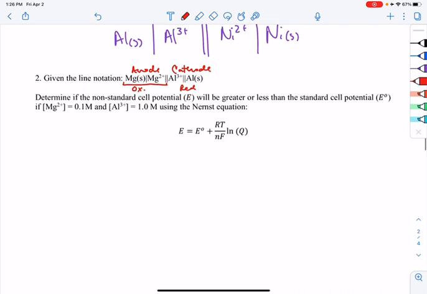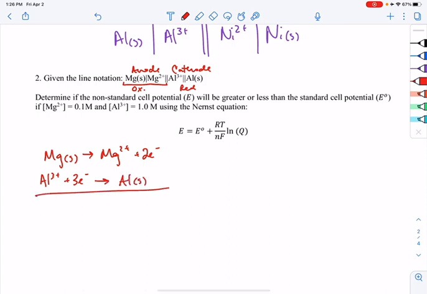So what are our reactions that are happening? We have magnesium solid going to magnesium 2 plus with 2 electrons. And we also have aluminum 3 plus being reduced to give us aluminum solid. Now let's find the overall reaction.